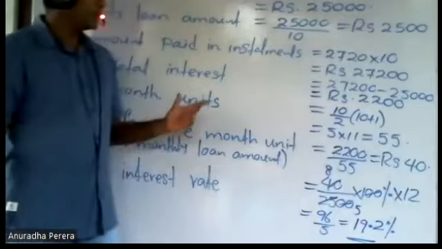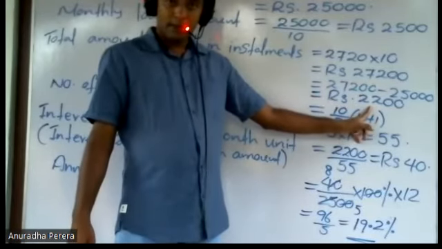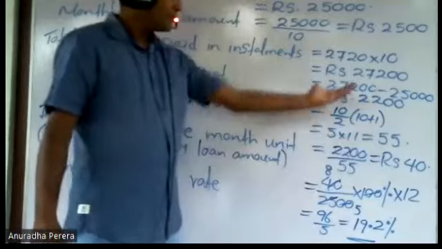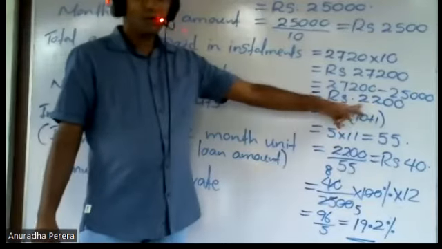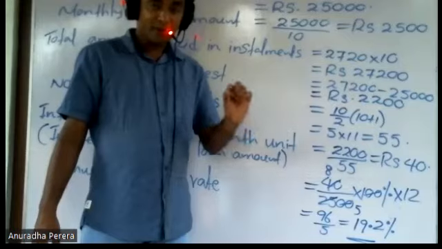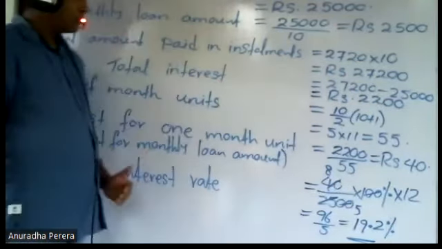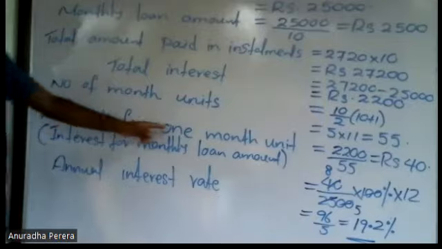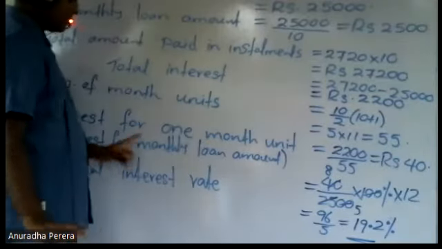You know the loan amount. When taking the difference between these two, we can determine total interest. Then determine the number of month units, which is 55. Divide total interest by number of month units, you can find interest for 1 month unit. It is called interest for monthly loan amount.